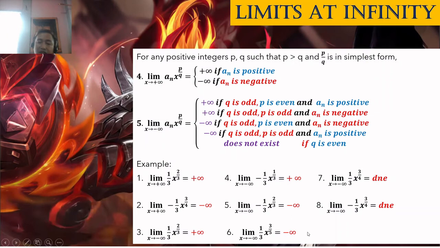The answer is negative infinity. Why? Because this one is always negative, and times a positive number, the answer is always negative, so negative infinity. For numbers 7 and 8, the answers are always does not exist. Why? Because it goes to negative infinity and q is even.